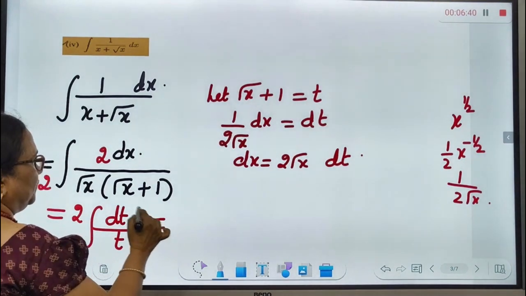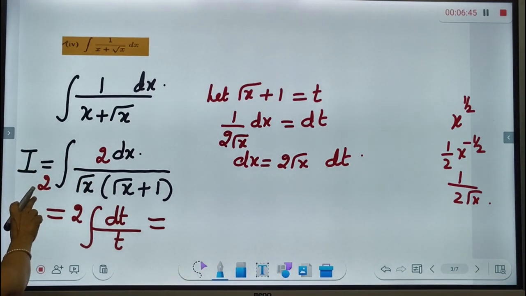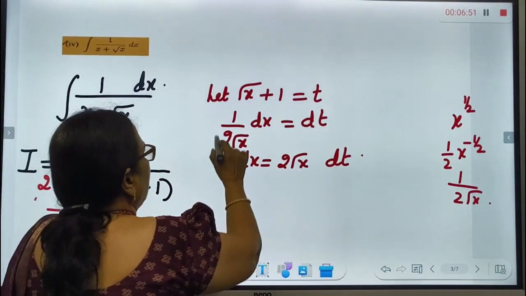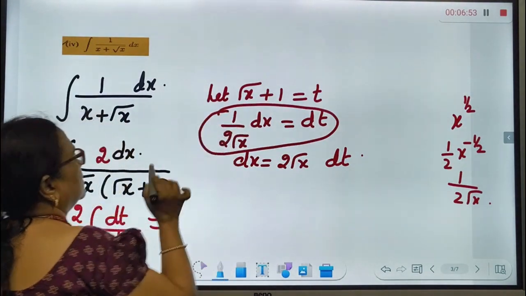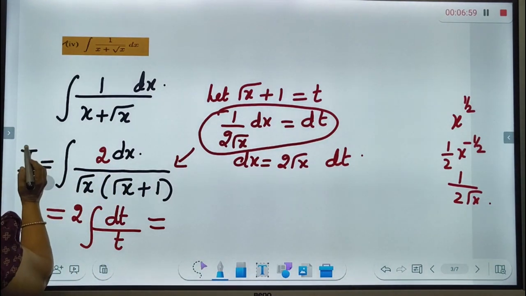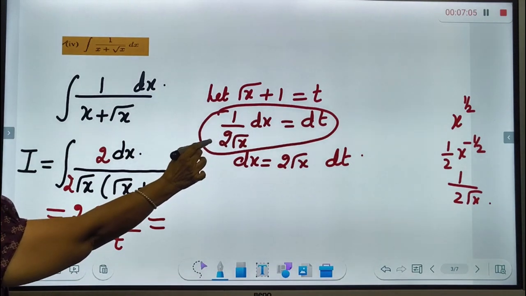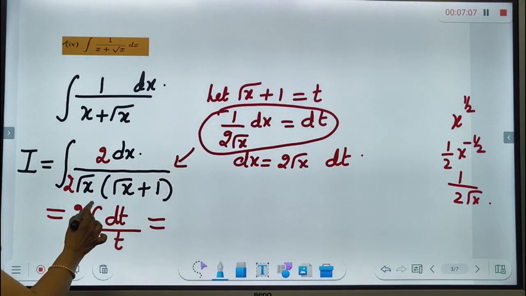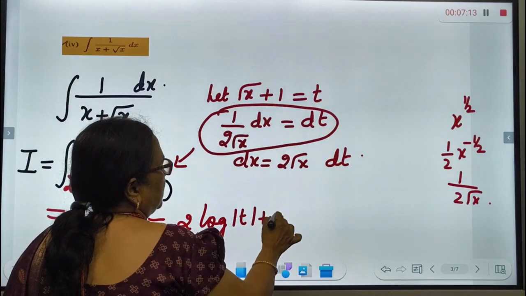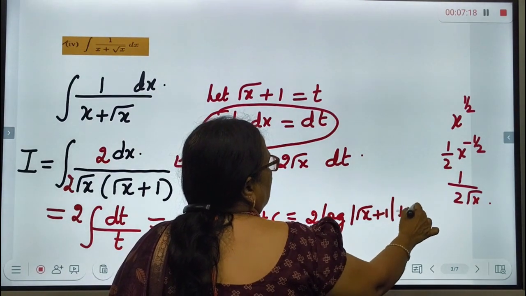This 2 I am taking outside; the other 2 I am bringing inside. So, dx by 2 root x will be dt. Then I will be left with 2 times integral of dt by t, which is 2 log mod t plus c, which is 2 log mod (root x plus 1) plus c.